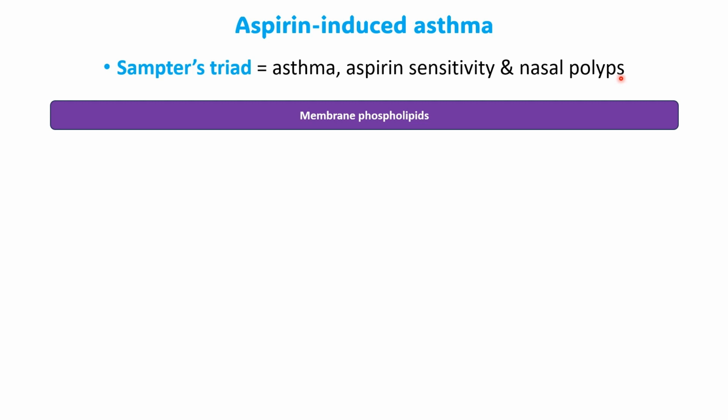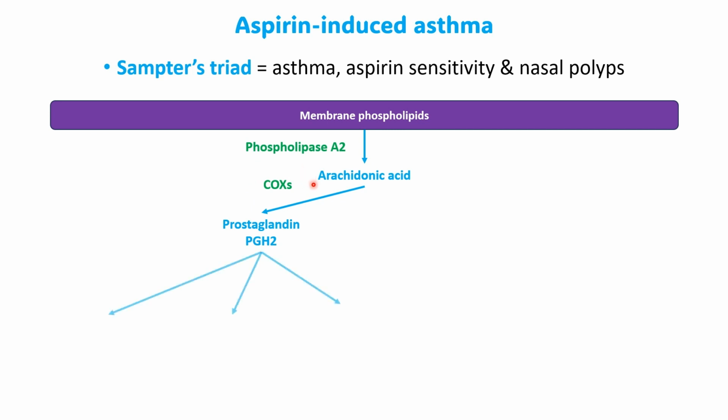Okay, so imagine here we have our membrane phospholipids. These phospholipids can be converted to arachidonic acid by an enzyme called phospholipase A2. Arachidonic acid can be converted to prostaglandins, at this stage prostaglandin PGH2, and this is by COX enzymes, so cyclooxygenase enzymes. PGH2 can then be converted to lots of different prostaglandins.